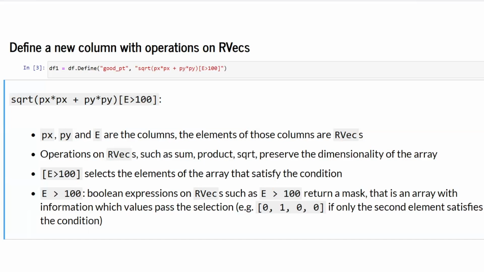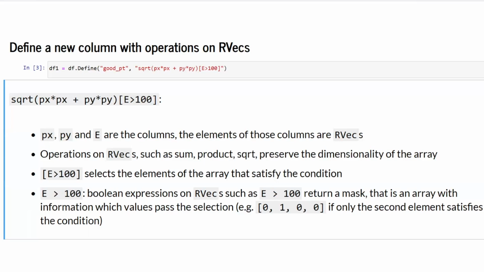The important bit to remember here is that the dimensionality of the arrays is always preserved. What do I mean by this? Px times px is an element-wise product between the two vectors, so you will have the same dimension coming out of the operation. The sum is again preserving the dimensionality. So if px and py have size 3, then the sum of them will still be a size 3 vector with the elements summed, element by element.